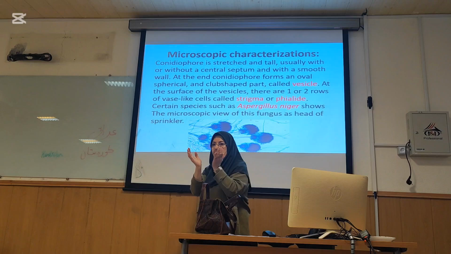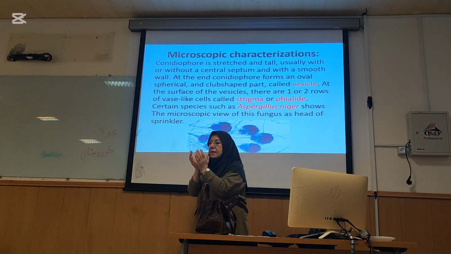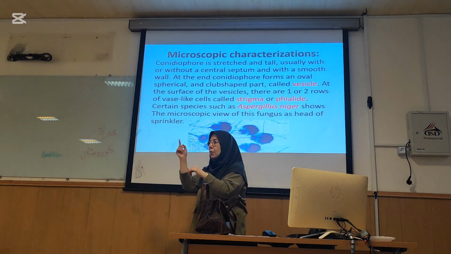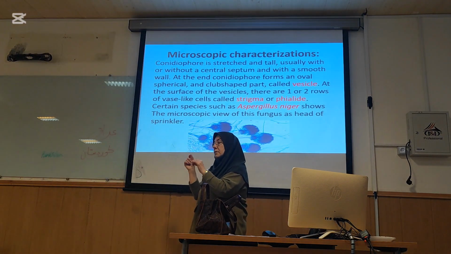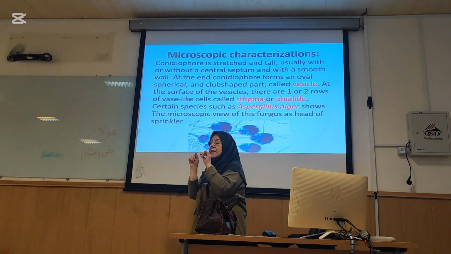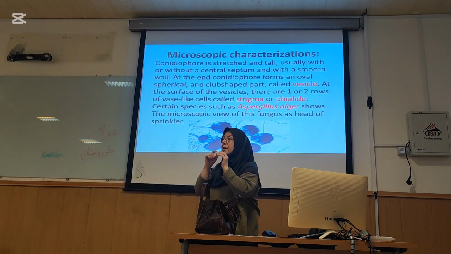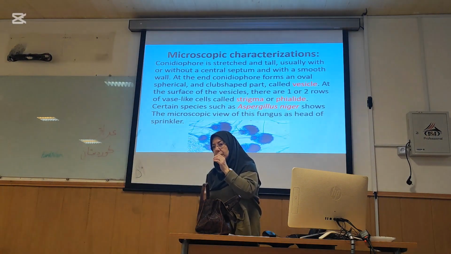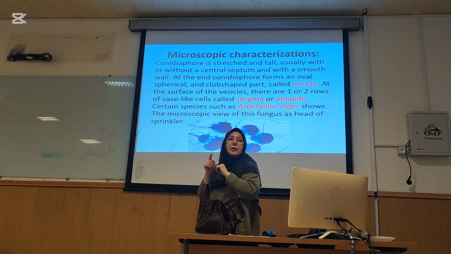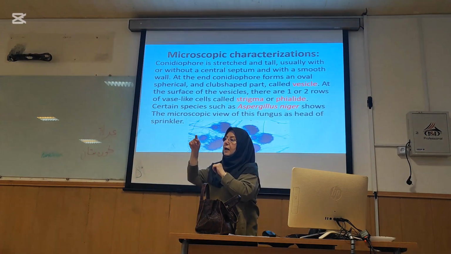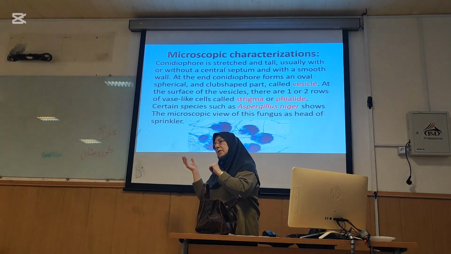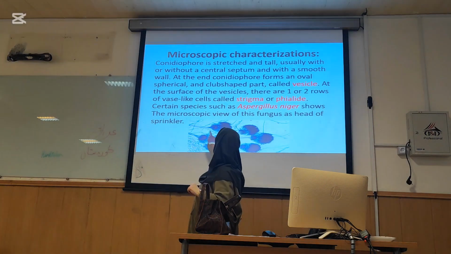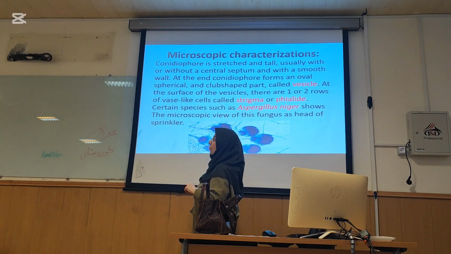This raised part is named the vesicle, and on top of the vesicle you have one row or two rows of parts that you can name sterigmata or phialides. So you have the conidiophore, on top of it the vesicle, and on the vesicle, one row or two rows, according to the species, of sterigmata or phialides, which form the spore-bearing base.